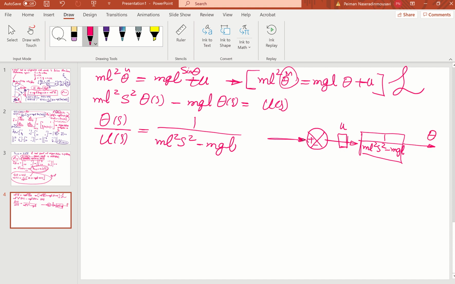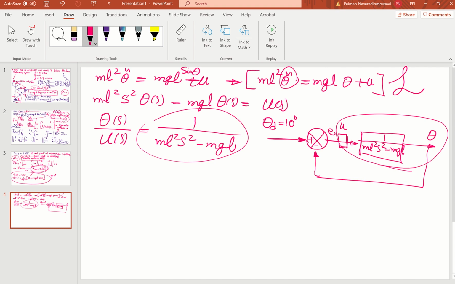So theta over u is this, from graduate control. This is compared with the desirable input to give the error signal. I set here that I want to keep it at 10 degrees. You see that in the open loop feed-forward path there is no integrator. An integrator, I thought, is 1 over s. Do you see here? There is no integrator.